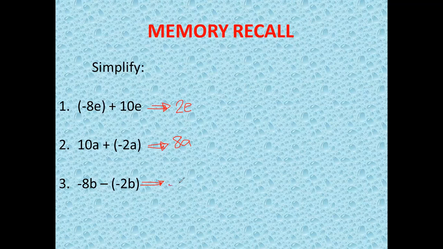Negative 6b. Okay, correct. That is a negative. Take note, you have here negative 8b and negative and another negative becomes positive. So that means it will be just the same as negative 8b plus 2b, and that is why the answer would be negative 6b.